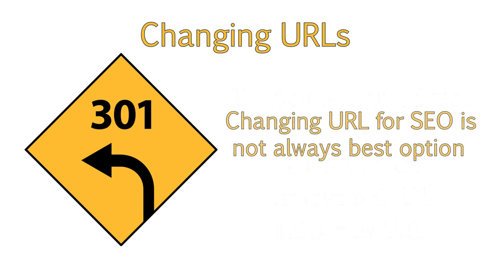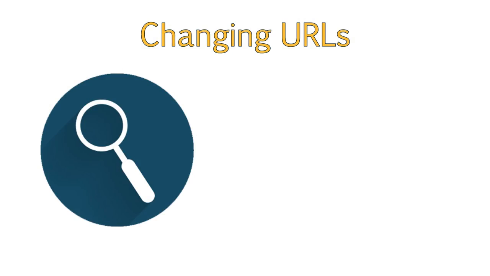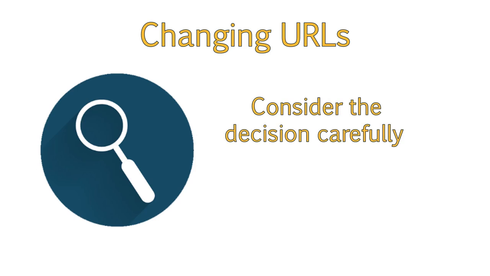changing URLs for the sake of SEO is not always the best option. Recommendations to do so can be very situational. Oftentimes, it is better to optimize the page and other on-page elements to the best of your ability and leave the URL as it is. The decision to change existing URLs, whether during a redesign or for SEO purposes, is circumstantial and should be heavily considered before making a change just for SEO.